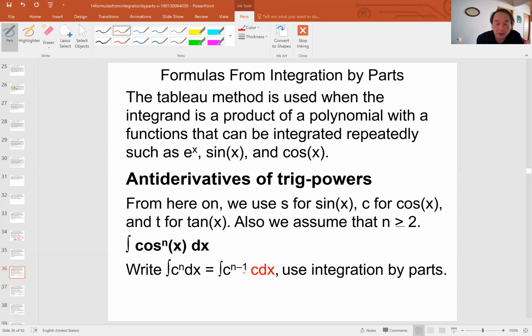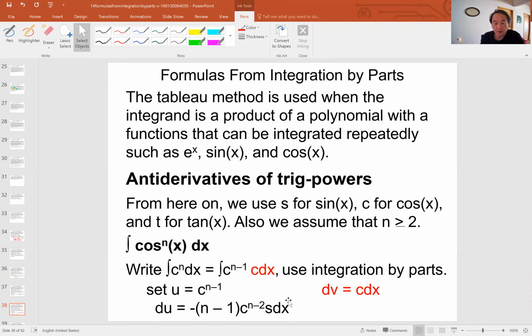We're going to separate the cosine, one part u, one part dv. I can take the derivative of the u, since cosine is pretty easy. And dv, since I'm integrating something, I have to choose something which I can integrate, in this case cosine. So let me integrate that.